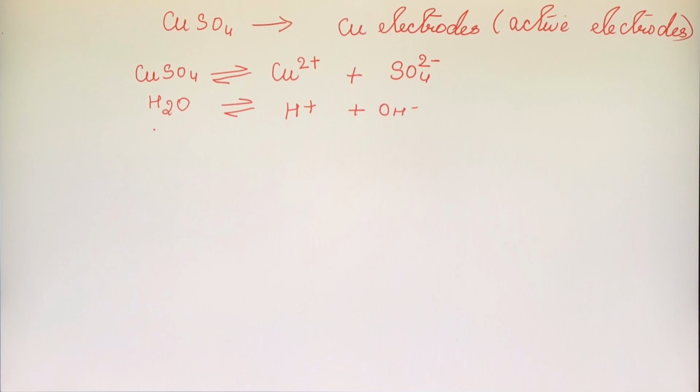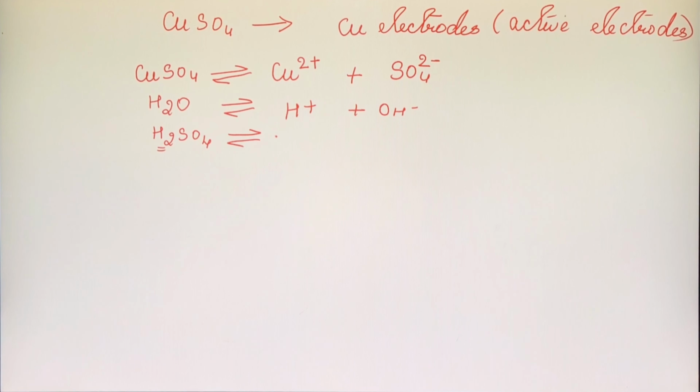Did I add something else also into the electrolyte? Yes. If you remember, I had said that I have acidified copper sulfate. What do I mean by the word acidified? Acidified means I have added a few drops of an acid. So this sulfuric acid that is there in the electrolyte is also going to be decomposed. How many H's are there, children?